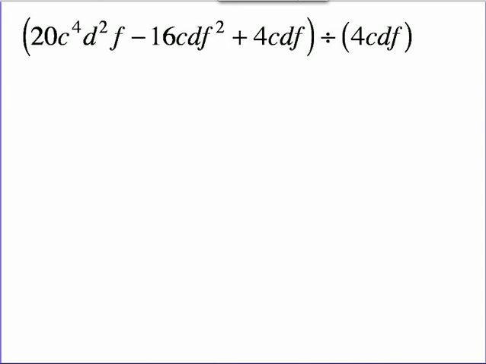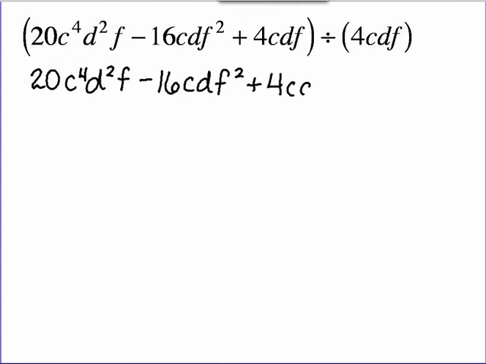Now, in this problem, we are dividing by 4cdf. So really, this is written as 20c to the 4th d squared f minus 16cdf squared plus 4cdf, and I am dividing it by 4cdf.